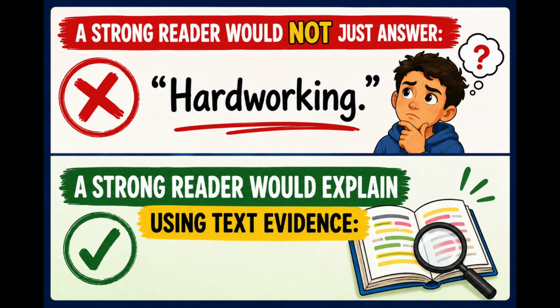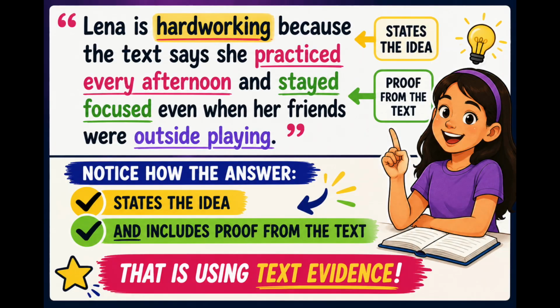A strong reader would explain using text evidence. Lena is hardworking because the text says she practiced every afternoon and stayed focused even when her friends were playing outside. Notice how the answer states the idea and includes proof from the text. That is using text evidence.